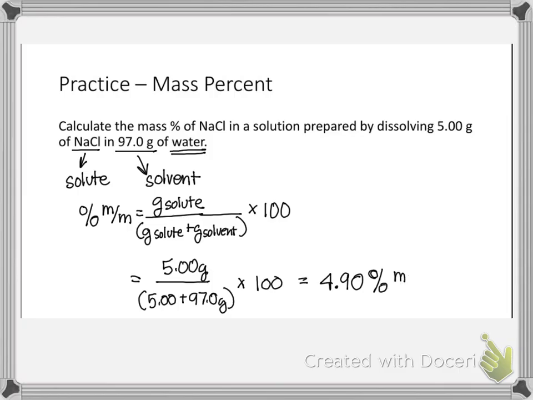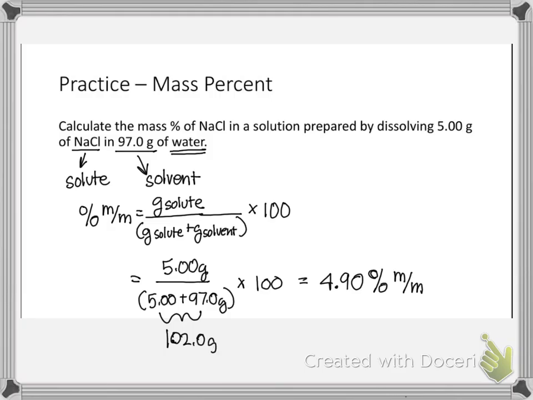4.90% mass to mass. In percent units, they don't put the units there. They just put what you're comparing. So there's mass on the top and mass on the bottom here. So that's how they tell you what units you're using. This number, just to confirm significant figures, 5 plus 97 would be 102.0.